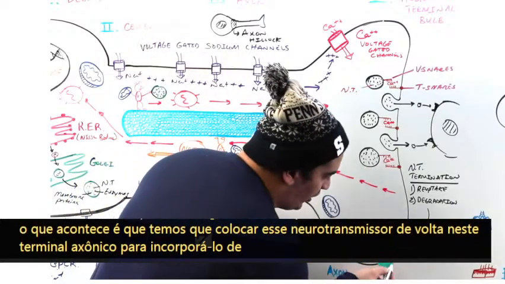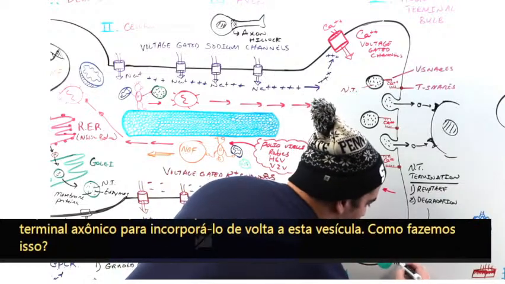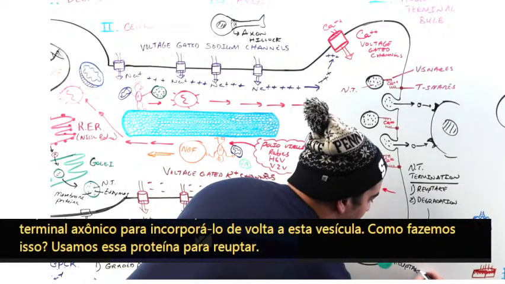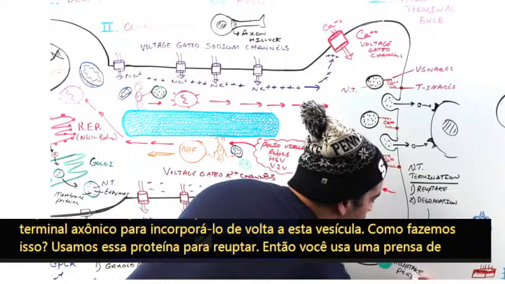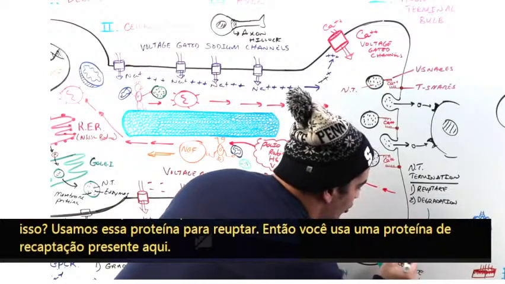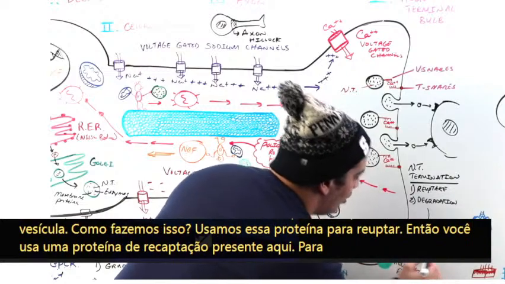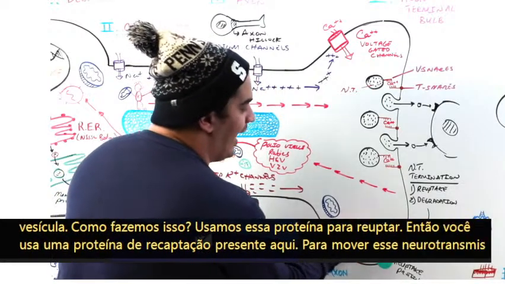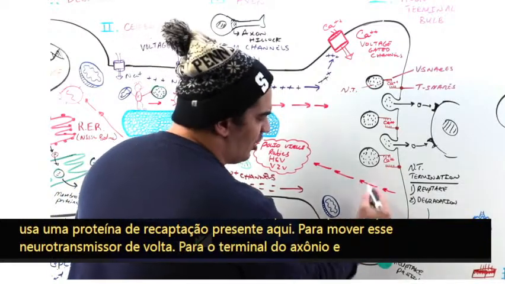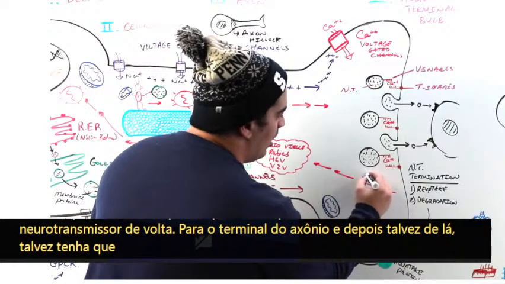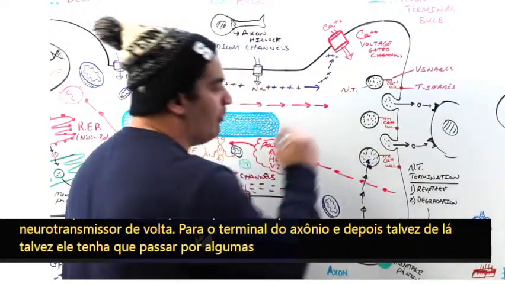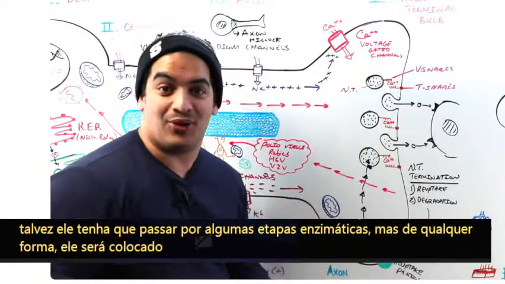How do we do that? We use this reuptake protein, present here, to move that neurotransmitter back into the axon terminal. And then maybe it has to undergo a couple of enzymatic steps, but either way, it'll get put back into the vesicle and recycled.